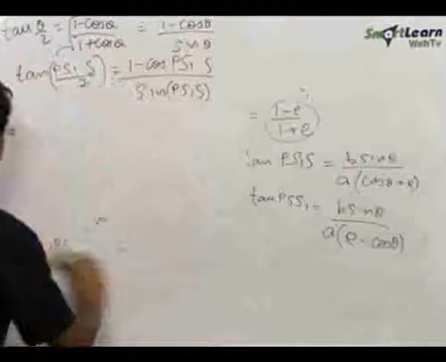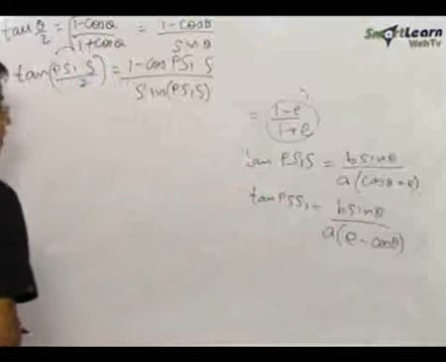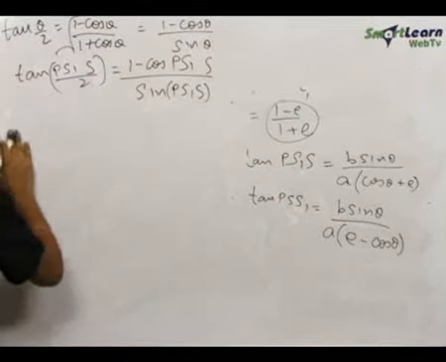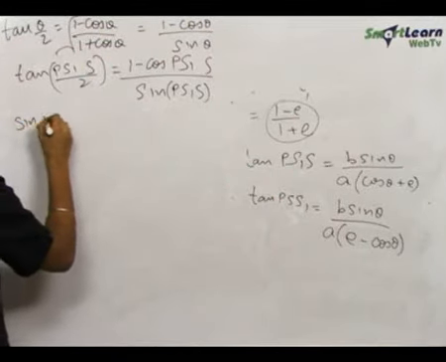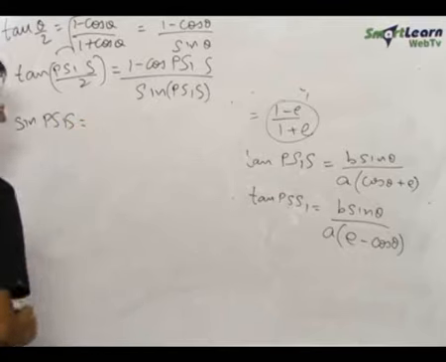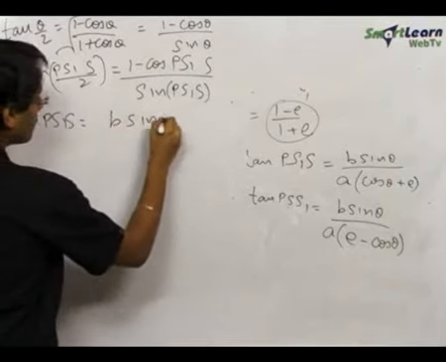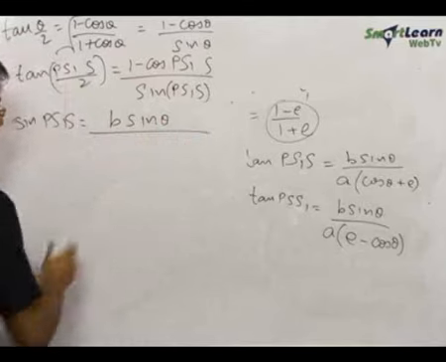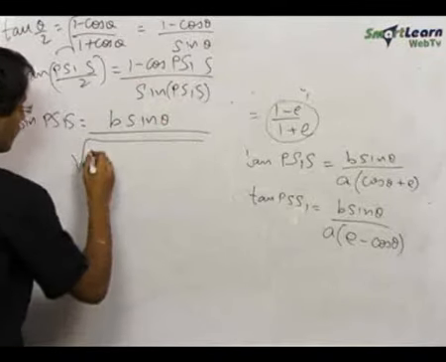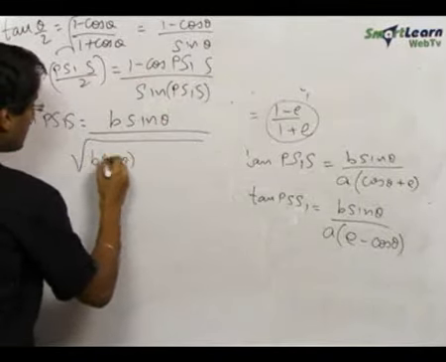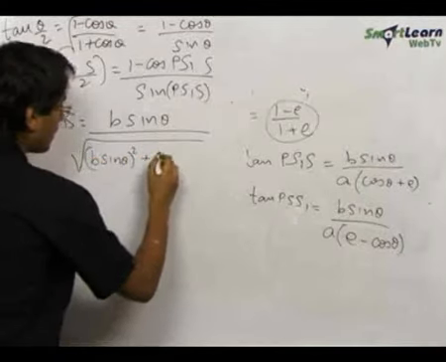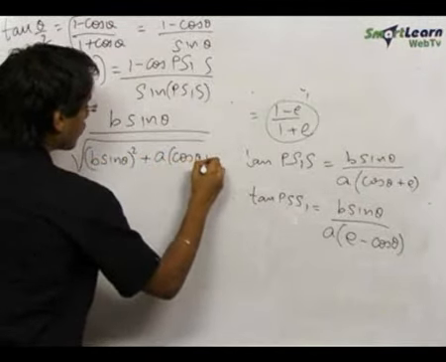We don't require this figure anymore. Now this is tan of PS1S. So we can find sin of PS1S is equal to B sin theta upon under root of B sin theta whole square plus A times cos theta plus E whole square.